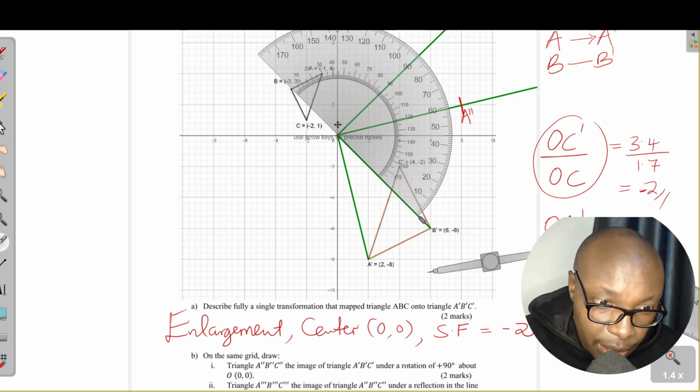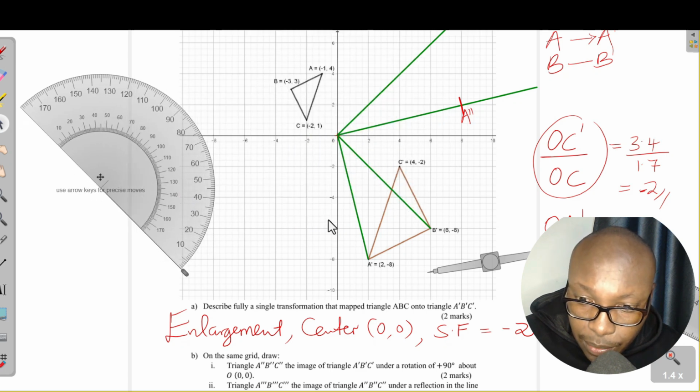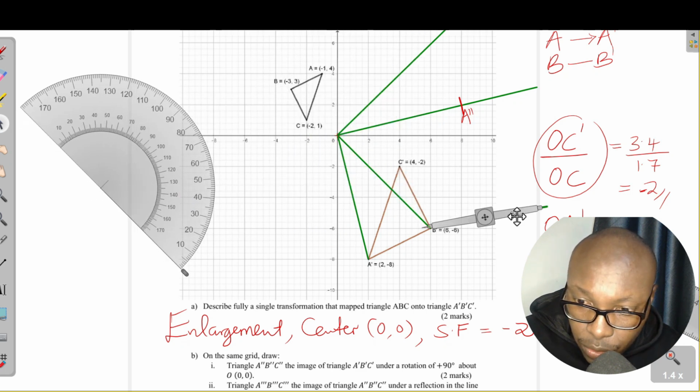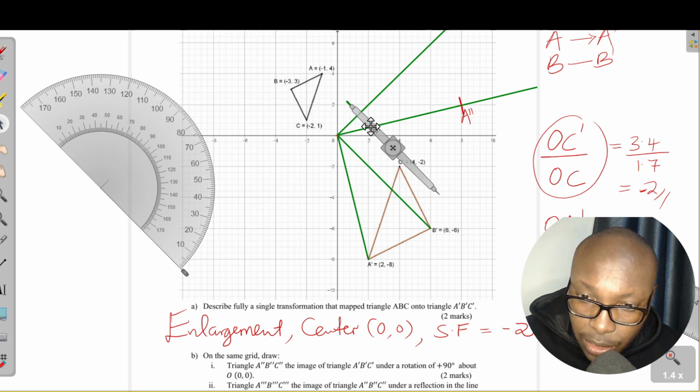Then from there, the next thing you do is take the measurement from B to the center, that is from B to O. Take that measurement, and then transfer that measurement, stand at the origin, and then mark an arc.